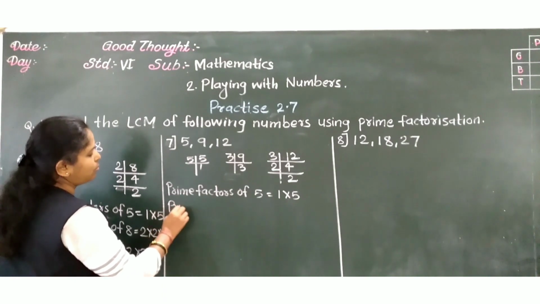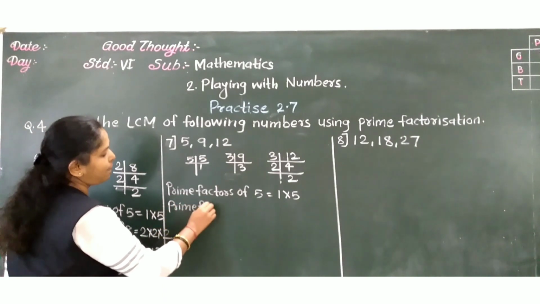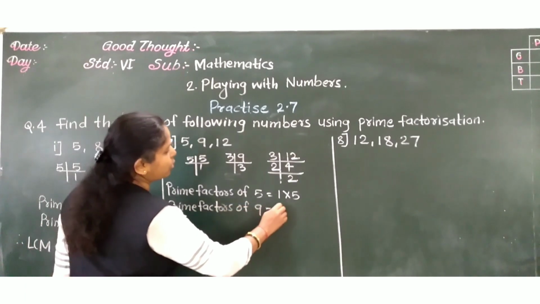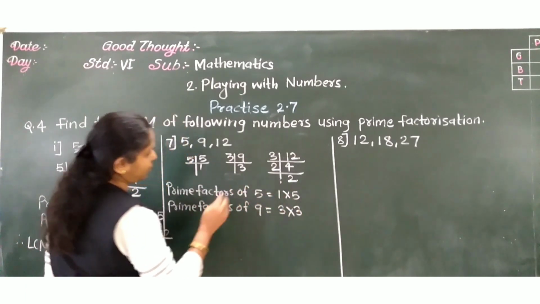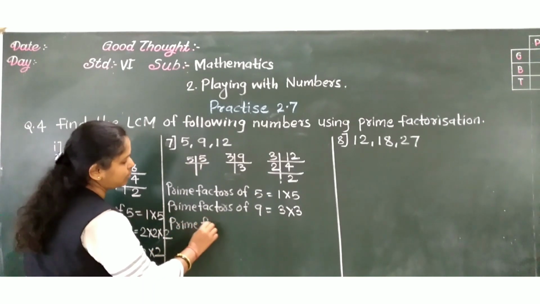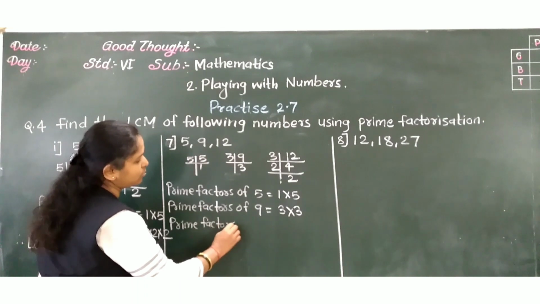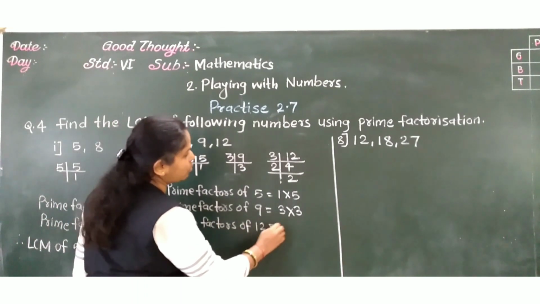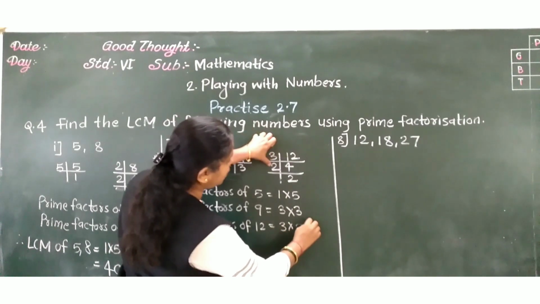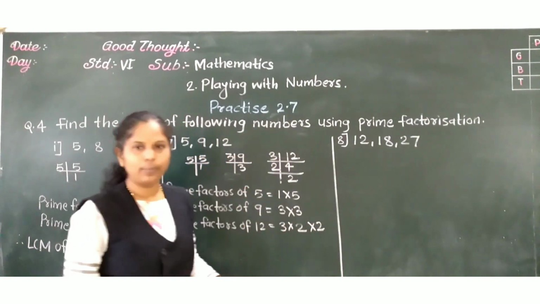Then prime factors of 9 is equal to 3 threes are 9. Afterward, prime factors of 12 is equal to, see how to write, 3 into 2 into 2. Okay.